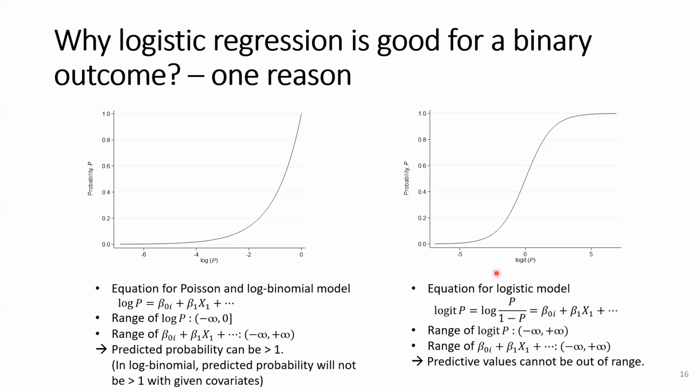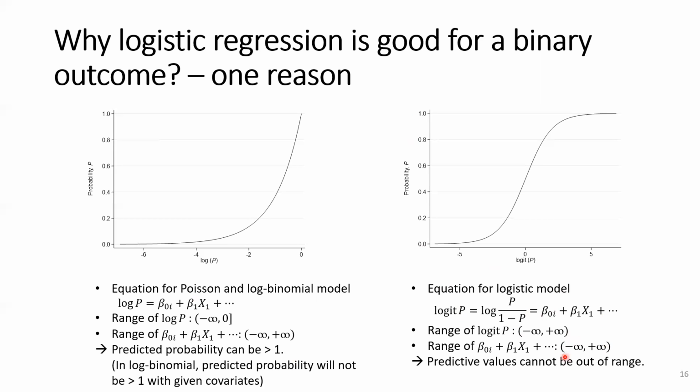For logistic regression, probability is bounded between 0 and 1, but logit of P goes from negative infinity to positive infinity. And this linear combination, the right-hand side of the equation, also ranges from negative infinity to positive infinity.